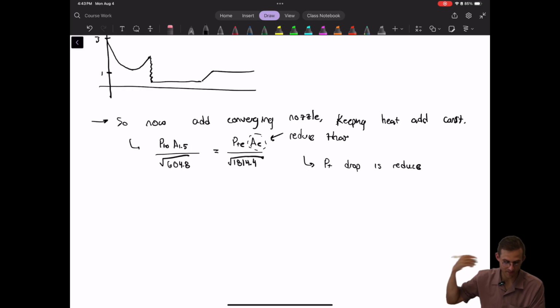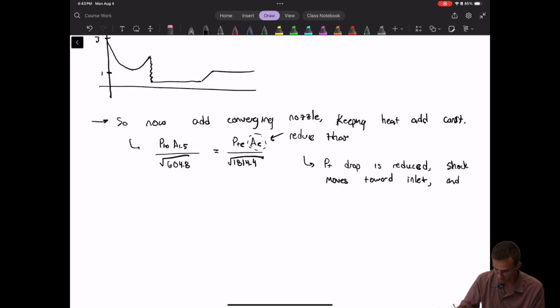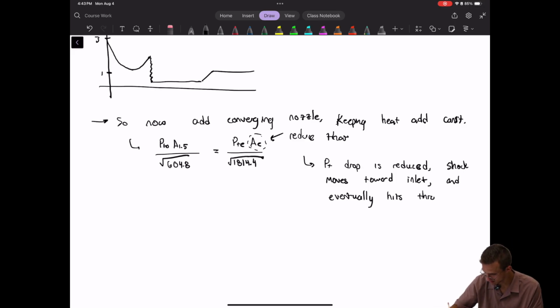So the shock is moving backward toward the inlet. Okay, and then eventually it hits the inlet throat, and disappears.